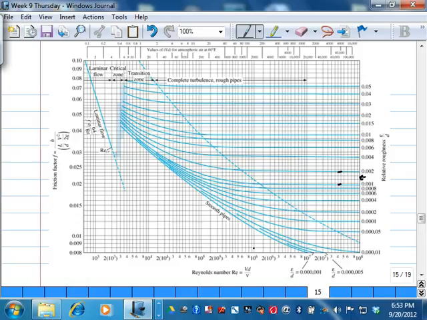Reynolds number 10 to the 6 is about here. Here's 2 by 10 to the 6, so our 1.08 million is very small here. Okay, so we go up. We are between this line, 0.002, and this line, 0.001. So estimate halfway, and then go out that way. Maybe here. 0.021, more or less.